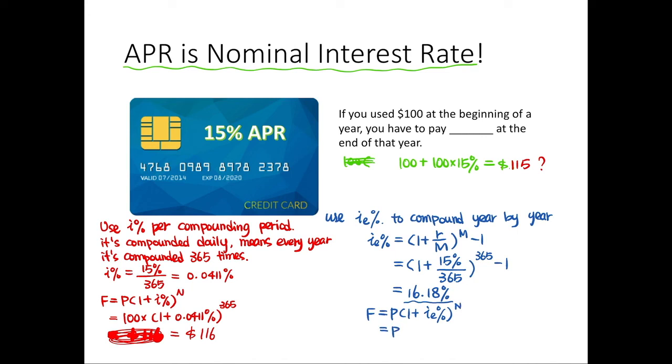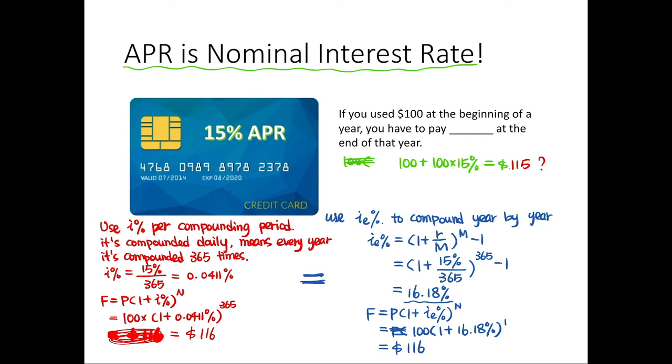Let me just write it here. P is 100, 1 plus IE is 1.1618, N is 1 year. If you round it to $1, it's still 116. So these two methods are equal. They both give you the right answer. After 1 year, you have to pay the credit card company 116 instead of 115.